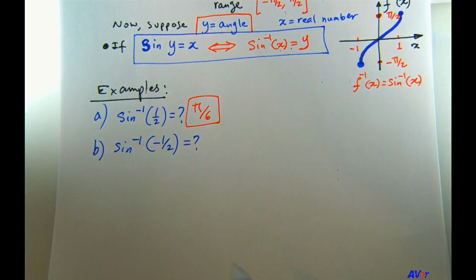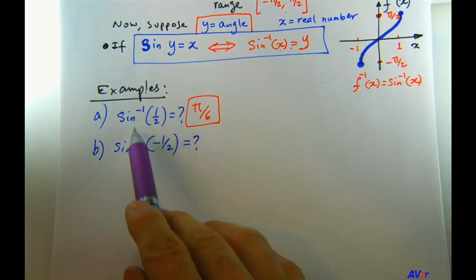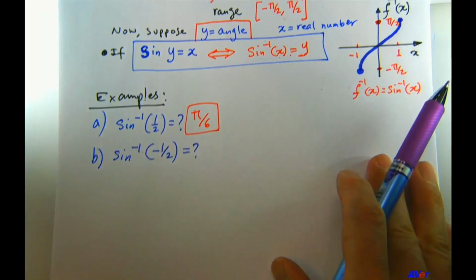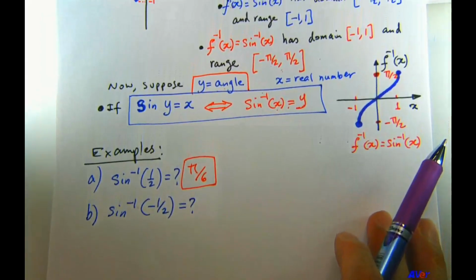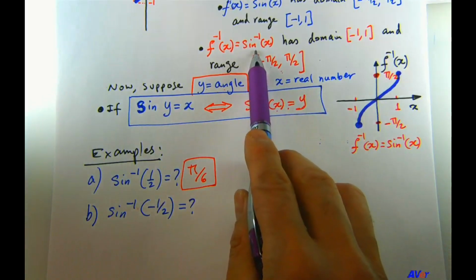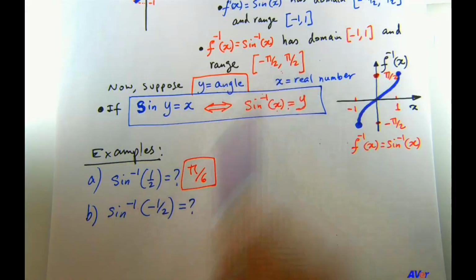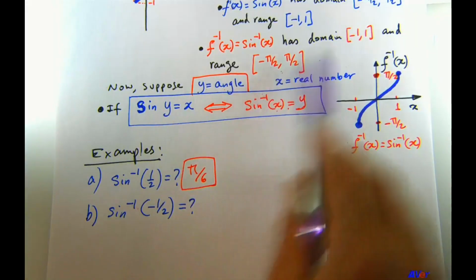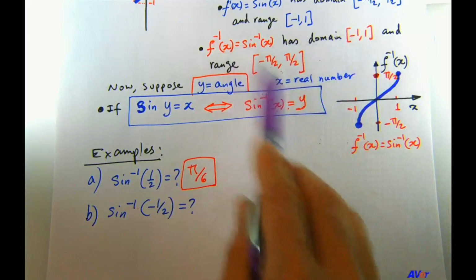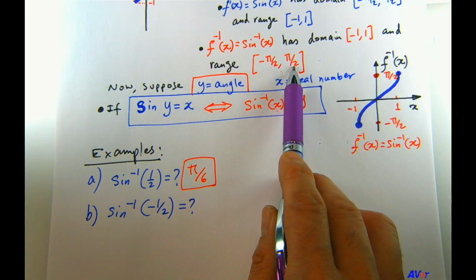I think I should explain this. Remember, for the inverse sine function, the range, the angle range, not the domain, was minus pi over 2 to pi over 2.